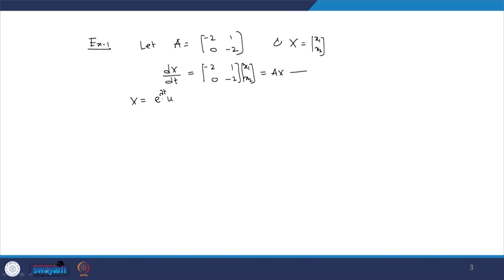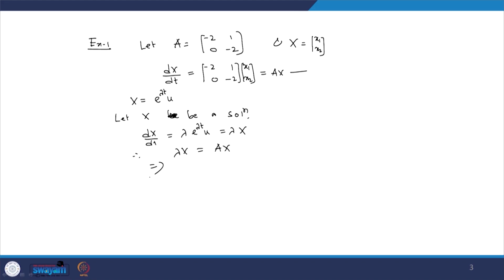Let capital X be a solution. Then we have dX/dt equal to lambda times e to the power lambda t into u, which is equal to lambda times capital X.